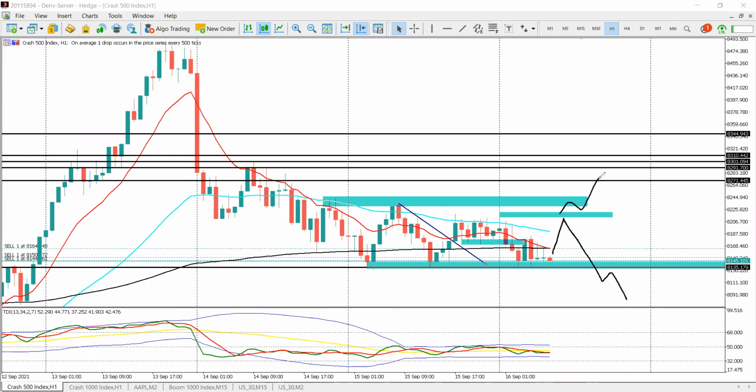You know, price can do anything, but for now we have a high probability of going to the downside. Hence, you see these open sell positions. Based on the price action, there's a higher probability right now that the price can break this zone.